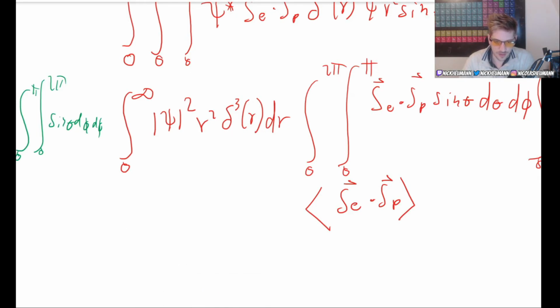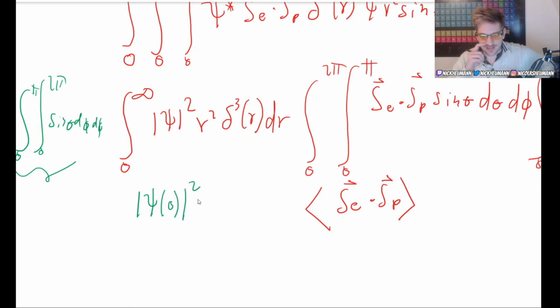It breaks your integral. So this part is simply 1, and this part is simply the wave function squared evaluated at 0. Okay, so this is what we end up with.